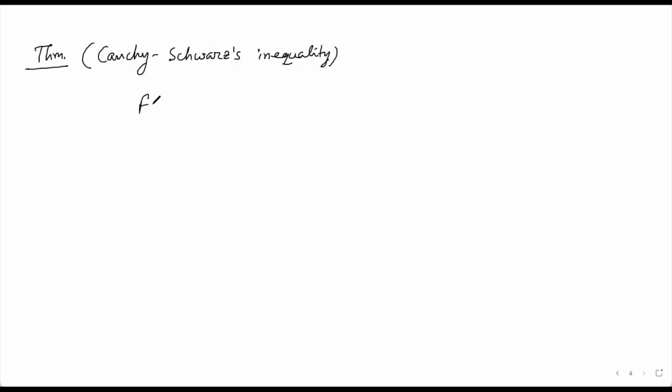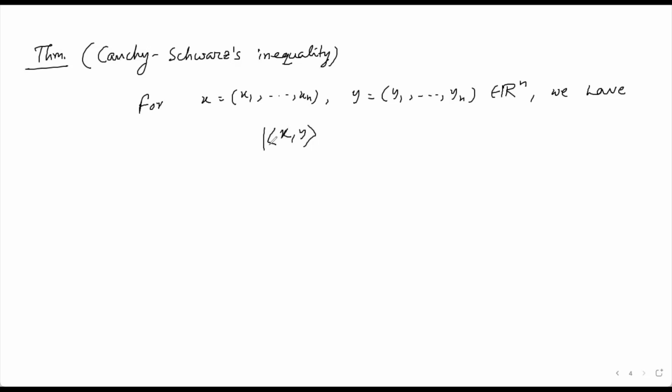For x equal to (x1 and so on, xn) and y equal to (y1 and so on, yn) in Rn, we have that the inner product of x comma y, and the absolute value of this inner product is less than or equal to the norm of x times the norm of y.